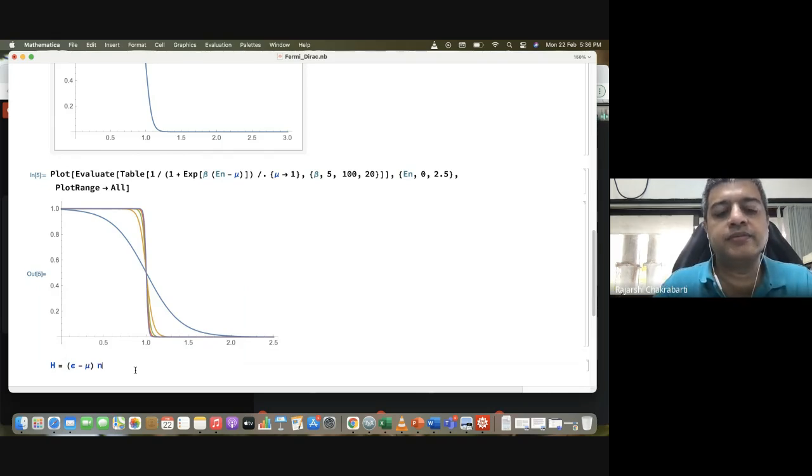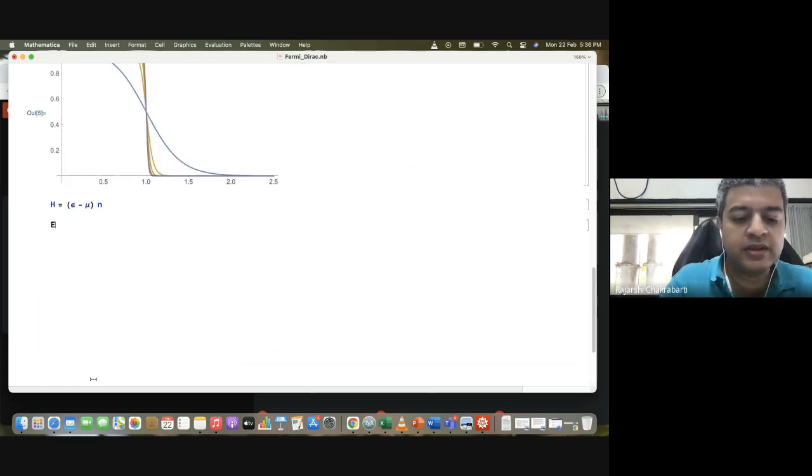This is the Hamiltonian. What is the partition function? The partition function is going to be exponential of minus n, epsilon minus mu, of course, and then you have to multiply this with beta.